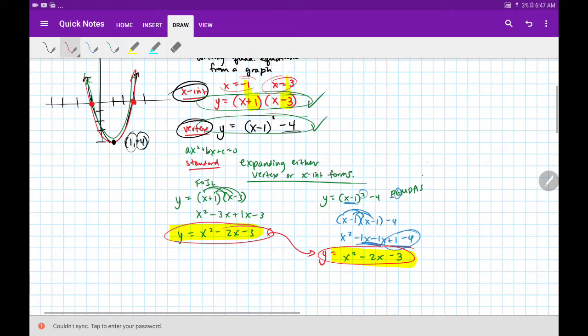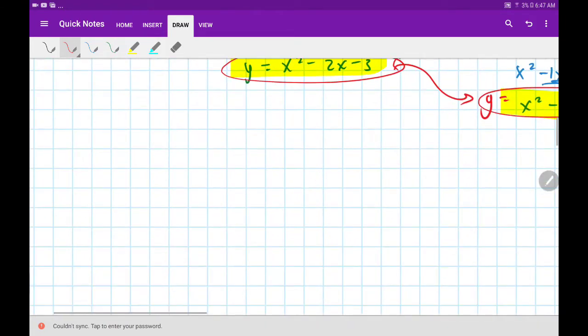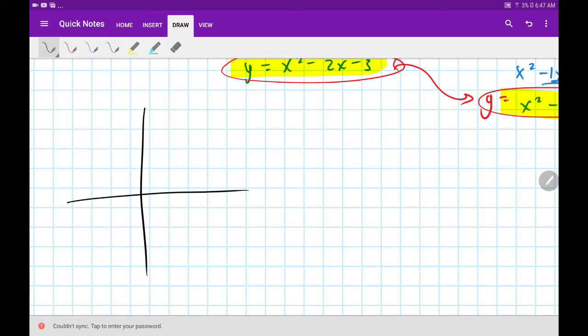Let me give you another graph, see if you can do the same thing. So use the same process. Okay, pause the video and try it out.